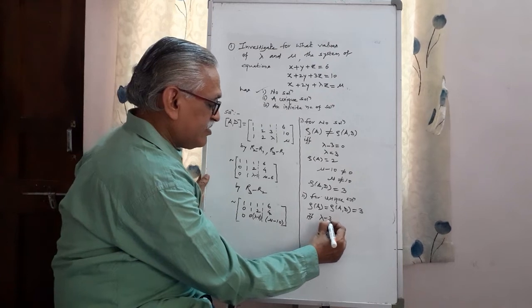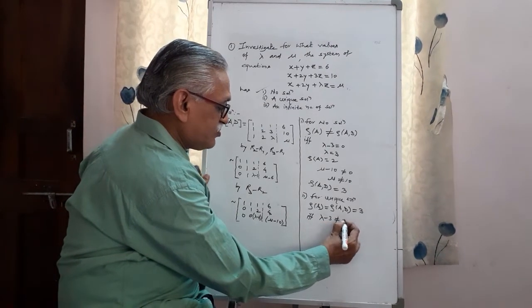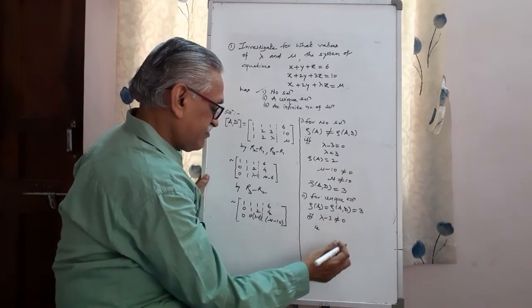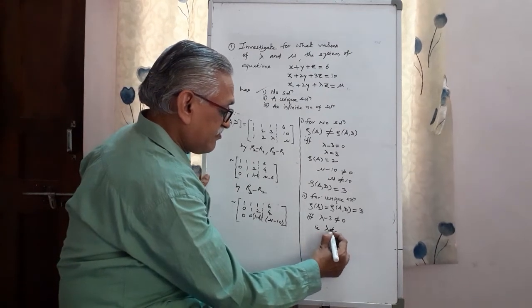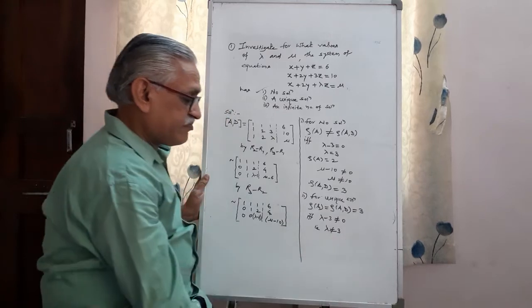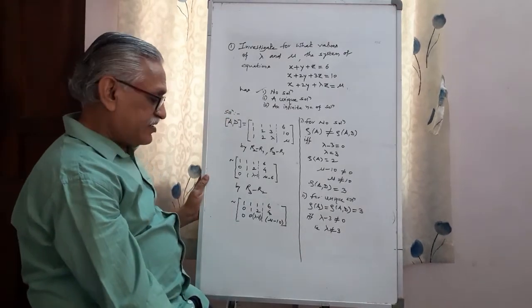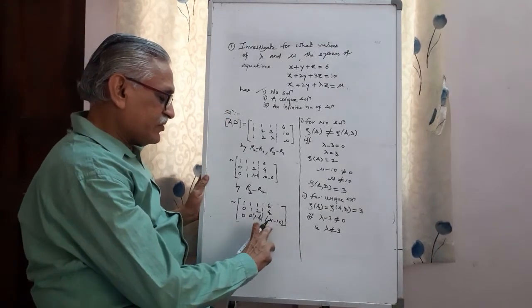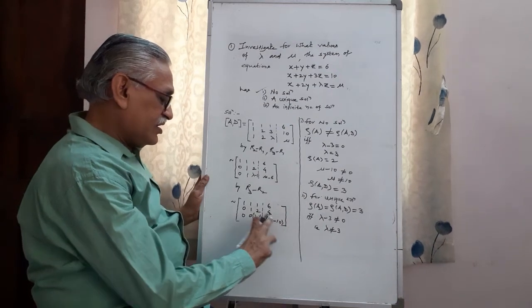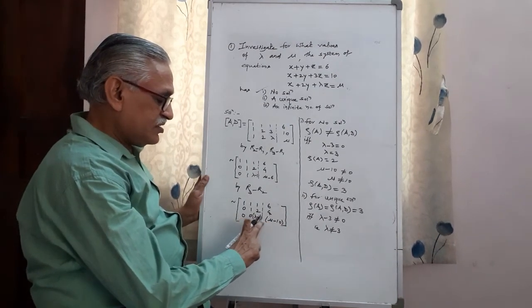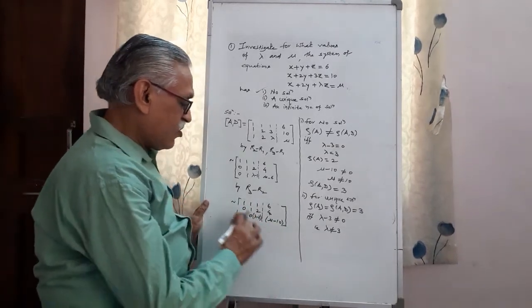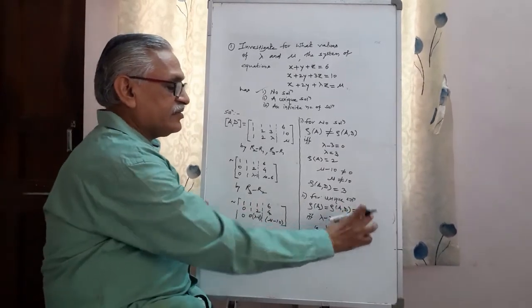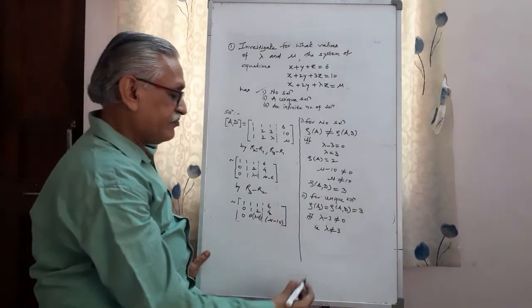Lambda minus 3 is not equal to 0, that is lambda is not equal to 3, and whatever the value of mu, whether it is 0 or non-zero, the rank of augmented matrix is also 3.